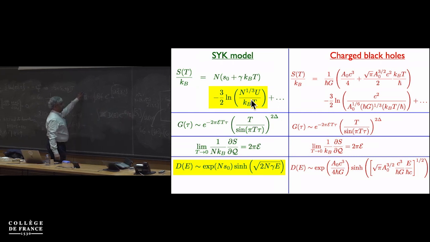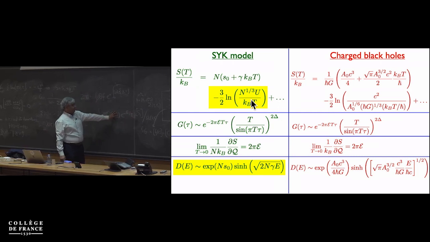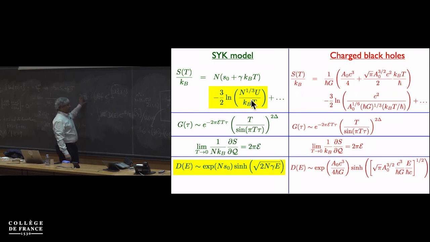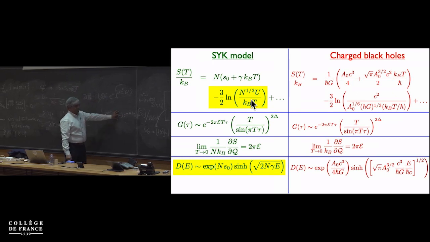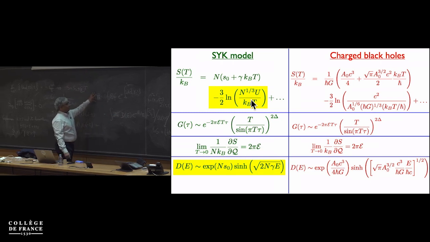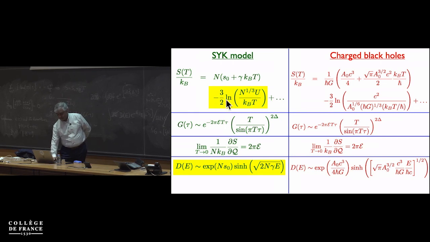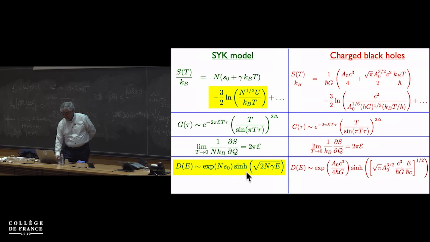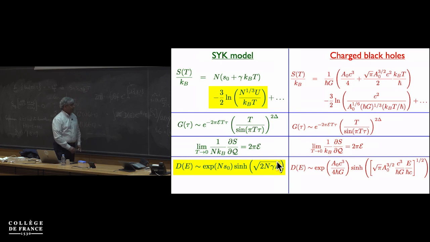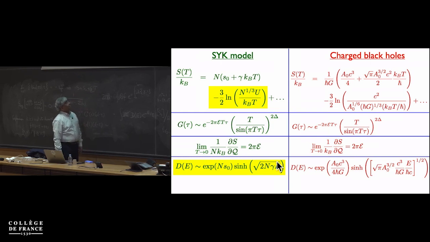So once you know Z of tau, you want to determine rho of E, and that's like an inverse Laplace transform. Now, normally you would never trust an inverse Laplace transform if you had an approximate answer here, but since you have the exact answer, you can do the inverse Laplace transform, and in fact, the 3/2 is totally crucial, a very simple integral in the end, and this is the answer. So you get this sinh of square root of 2 pi gamma E that comes from inverting.